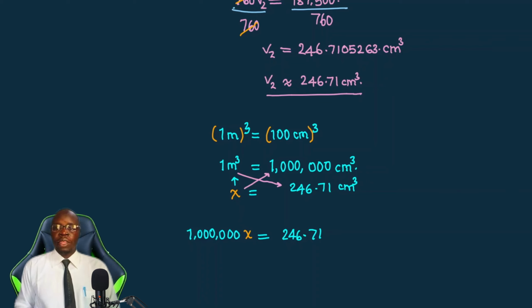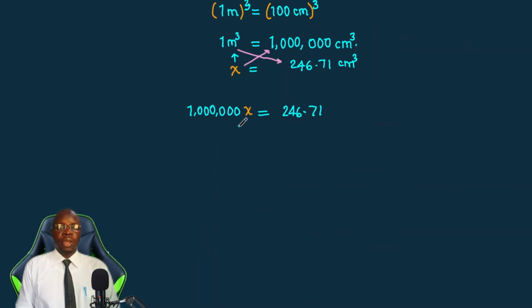So we can divide these sides. Let's divide both sides by 1 million. And since this one came from this multiplication, I think it's a good idea to first rewrite it again and have our step there intact. So we have 1 million x. So it will be equivalent to the same value, 246.71.